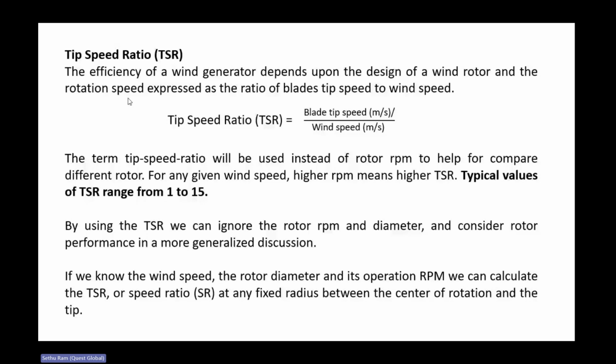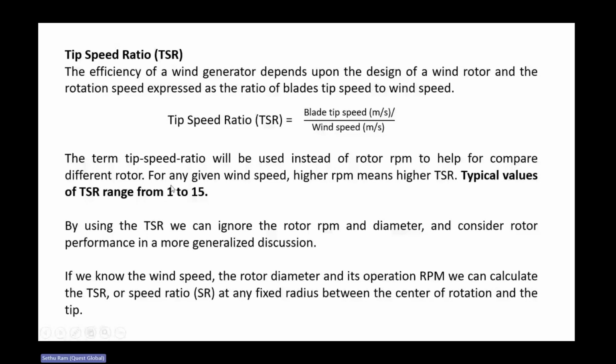So the term tip speed ratio will be used instead of rotor RPM to help compare different rotors. For any given wind speed, higher RPM means higher tip speed ratio. Typical values of tip speed ratio range from 1 to 15.